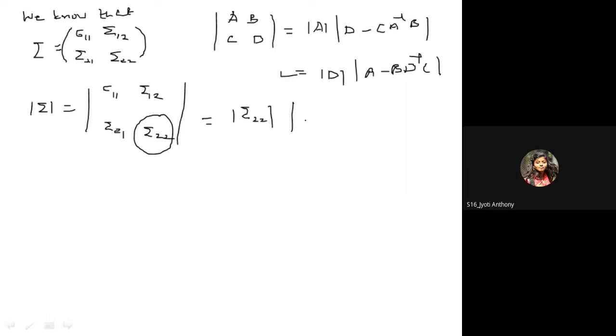Then it is sigma 1 1, that is A, minus sigma 1 2, sigma 2 2 inverse, sigma 2 1, where D is sigma 2 2.